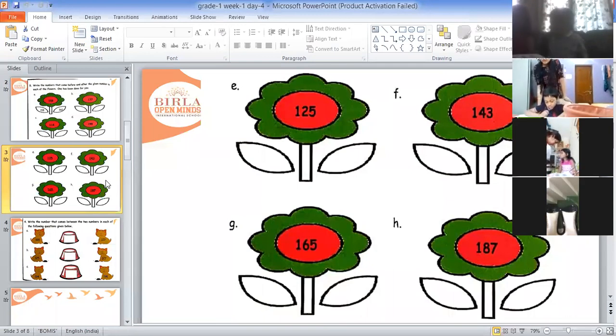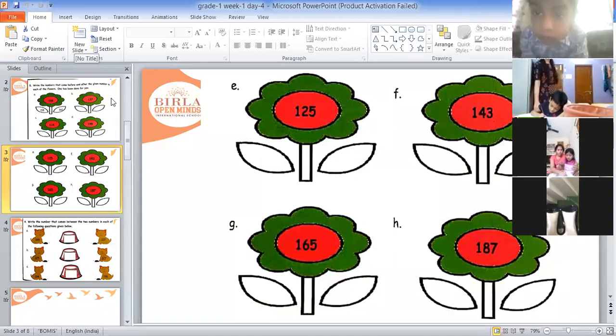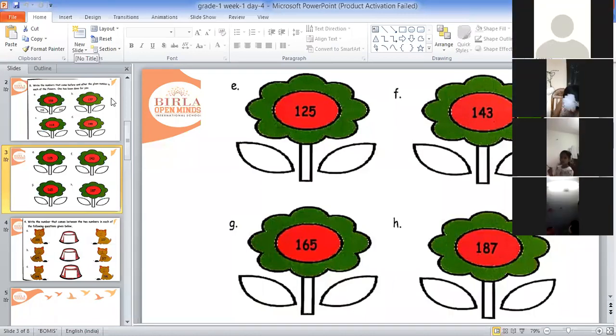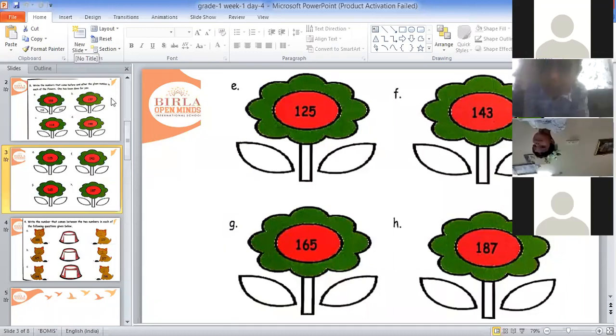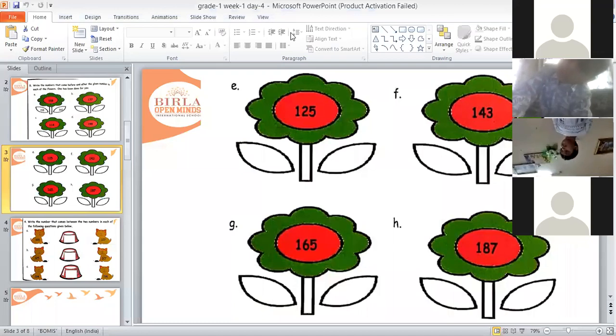Ketan, what is the number inside that flower? Yes, Ketan, what is the number inside that fifth flower? I am asking what is the number? 125. Yeah. So now tell me what comes just before 125? 126.